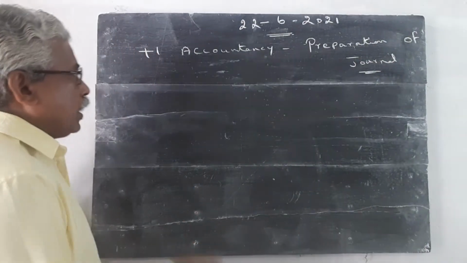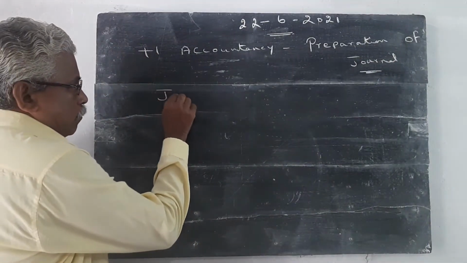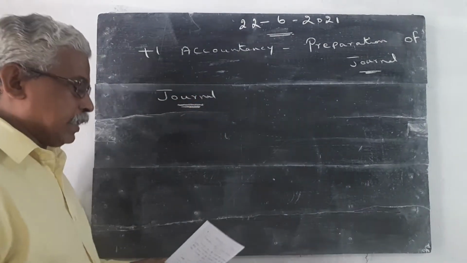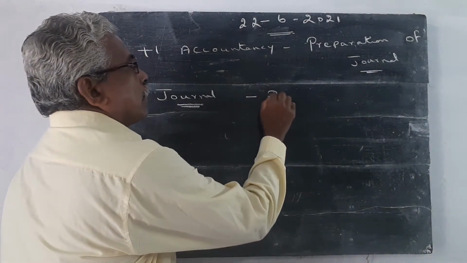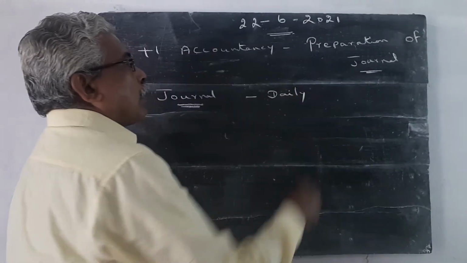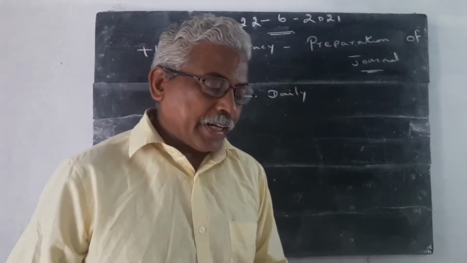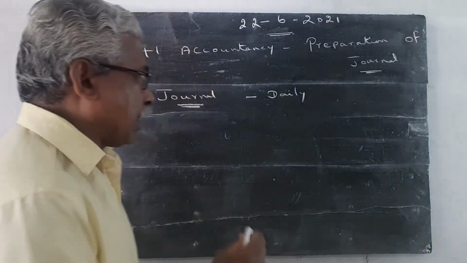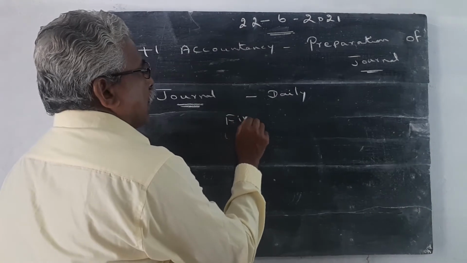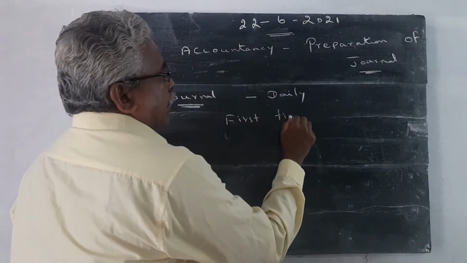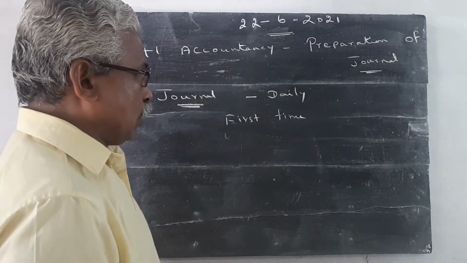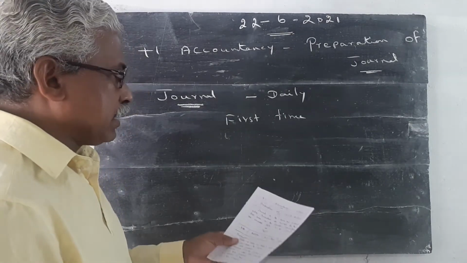Then, what is the meaning of journal? Journal means daily. The day-to-day transactions recorded for the first time in the books of account is called a journal.